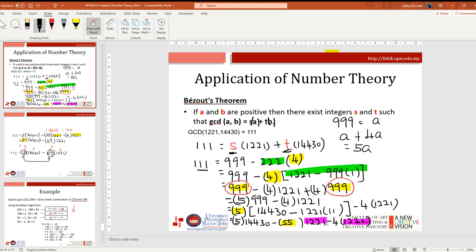Sekejap saya cari. Okay, sometimes we can call it the Bezout identity.